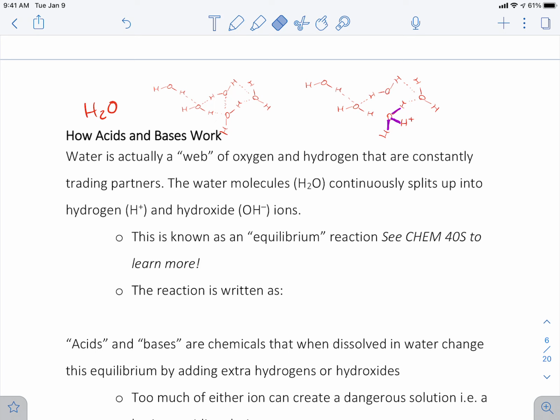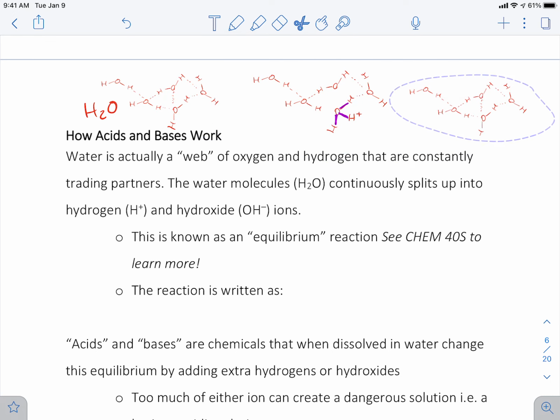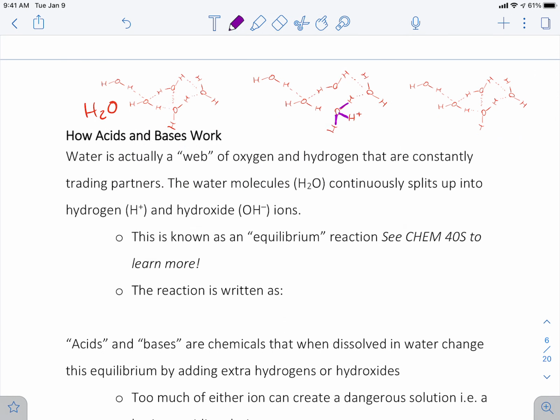We can do the same trick over here, and we add an OH. Maybe I'll draw the OH in purple. The OH is negatively charged, and it's going to grab onto one of these hydrogens, and it also doesn't want to play nice.